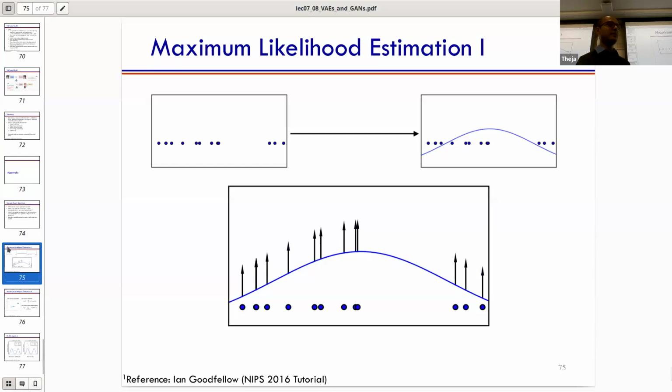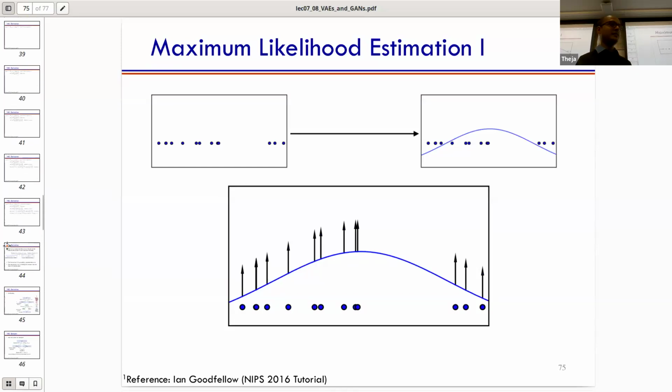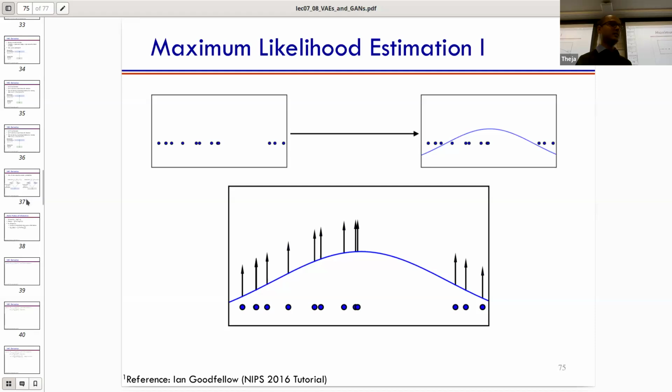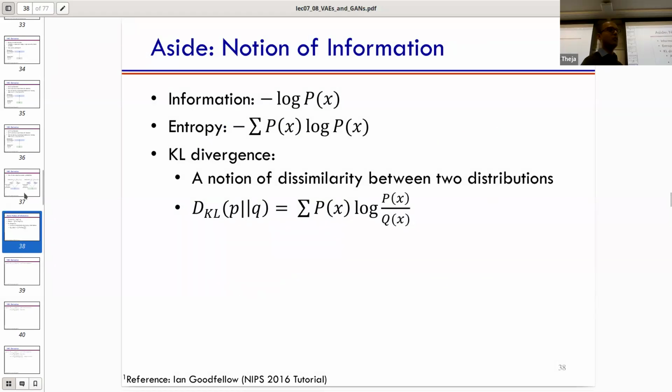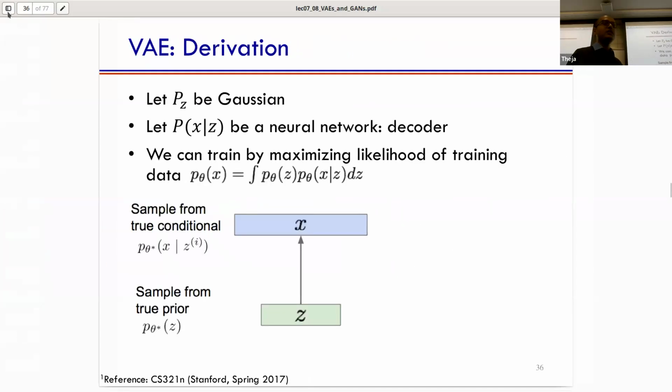But let's come back to our slide. Just to not lose track, all we want to do is, under this graphical model, which has Z and X, maximize the likelihood of the data, where our data is the X's. We just don't want to deal with this integration. It's just too hard.